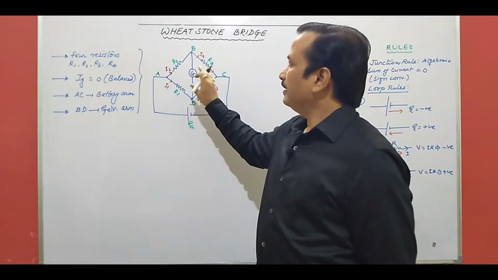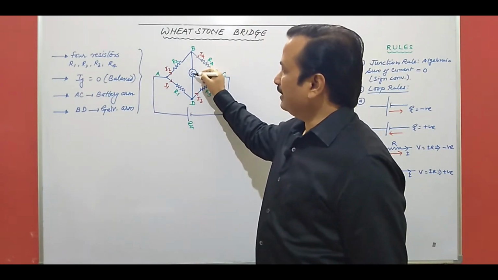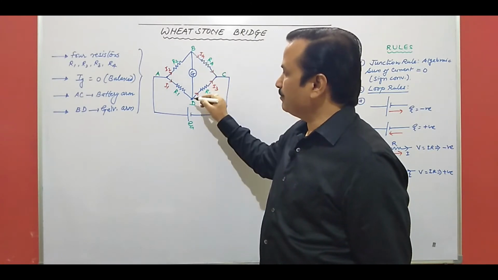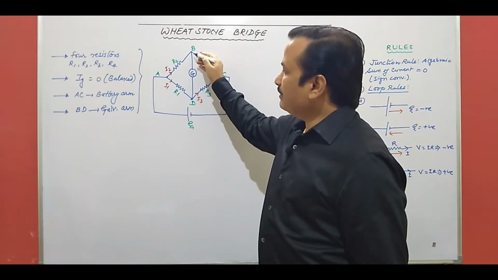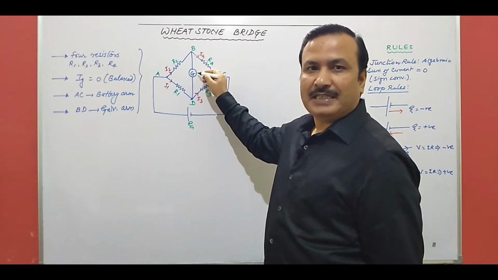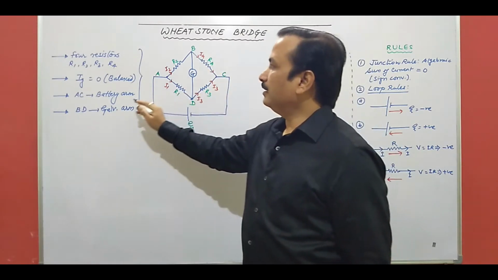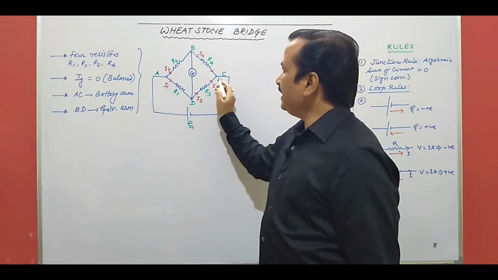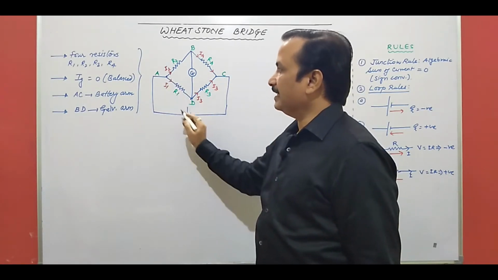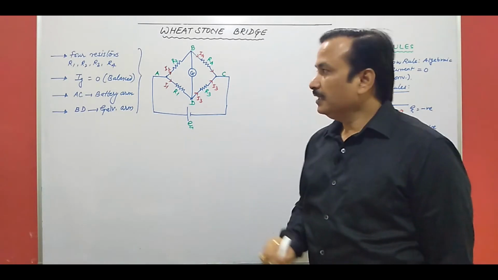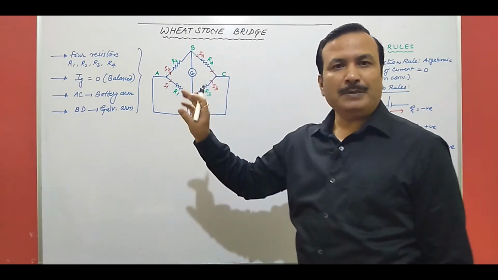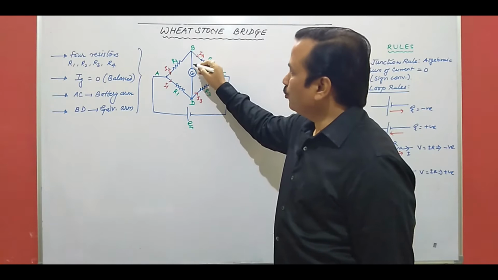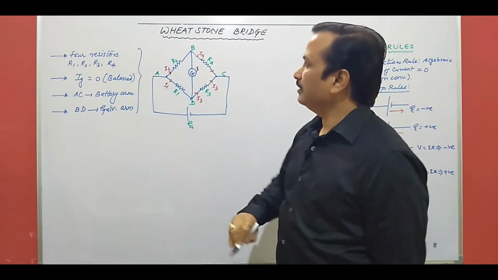This bridge is such that we are connecting one galvanometer also through these arms B and D. The arms where this galvanometer G is connected is called galvanometer arm, and A and C where battery is connected, that is called battery arm. This whole bridge is said to be balanced when there is no current through galvanometer.